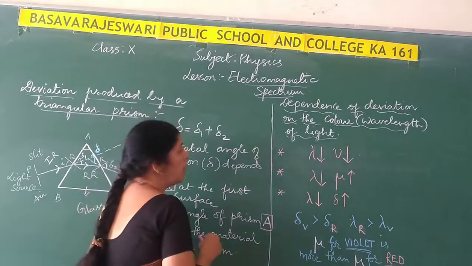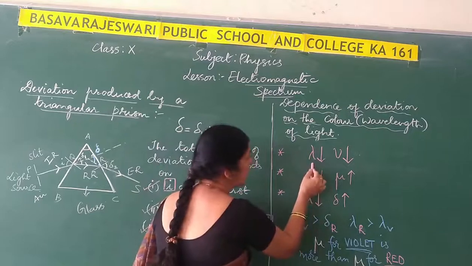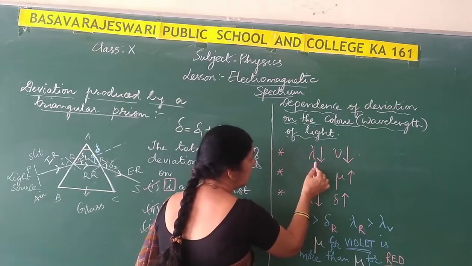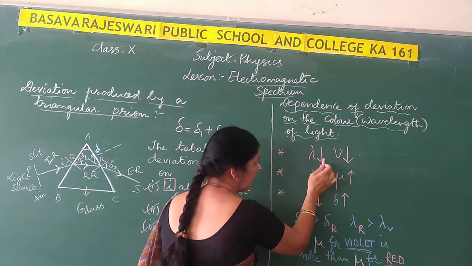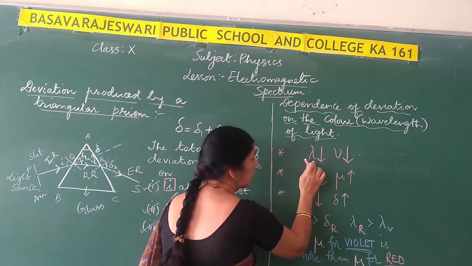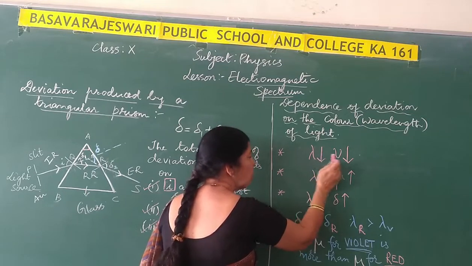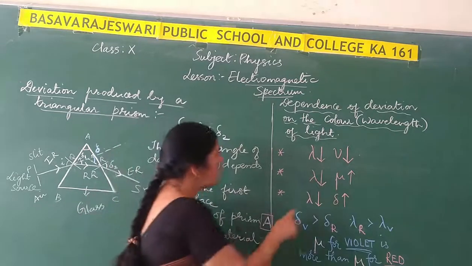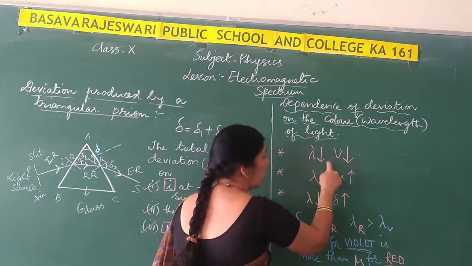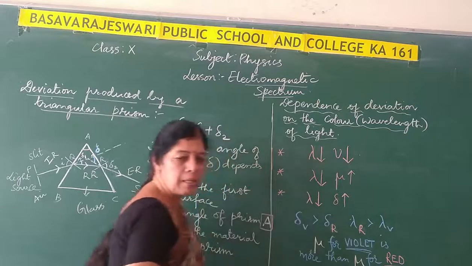So, here what is happening, you see? With the decrease in wavelength of the color, means as the color changes, means as the wavelength changes, what happens to the velocity? Velocity will also change. So here wavelength is decreasing and hence velocity also decreases.